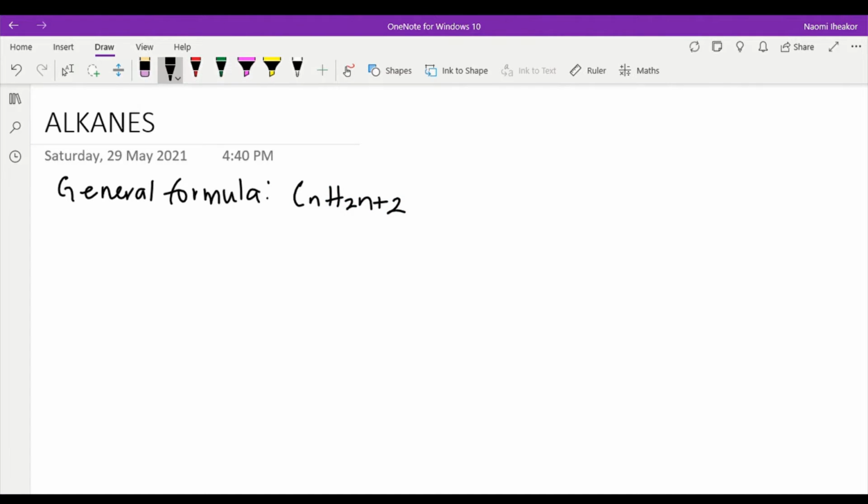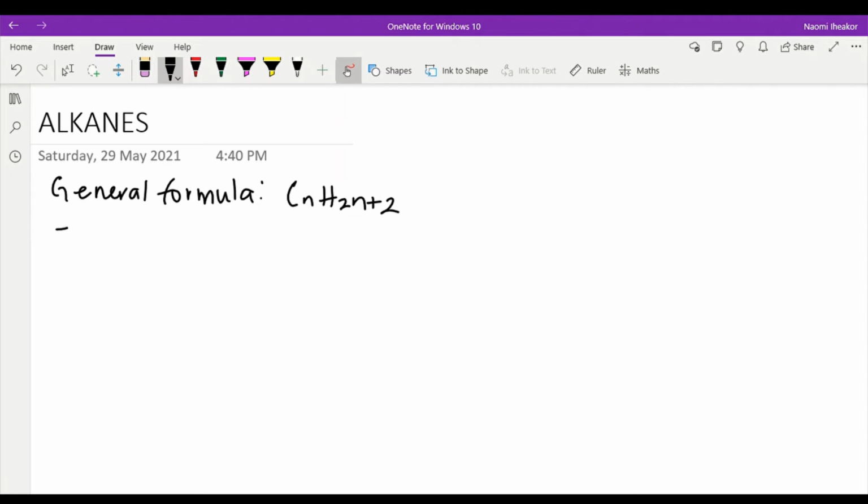Now, in terms of alkanes, we know that they are saturated, so there are no double bonds between our carbons. So this means that alkanes are generally very unreactive. And once again, this unreactivity is due to only single carbon-carbon bonds.